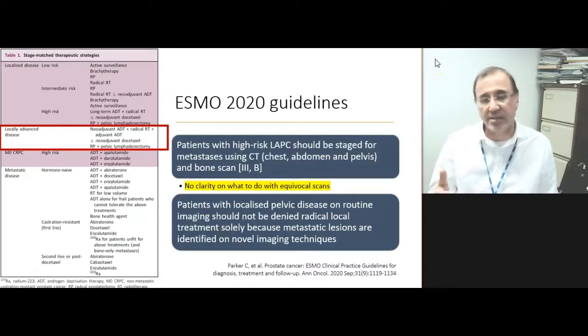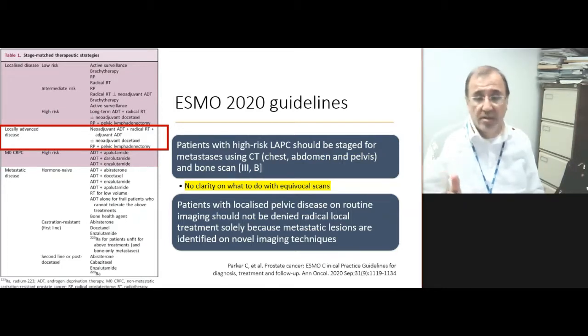So what do the guidelines say about the use of next-generation imaging for treatment planning of patients with locally advanced disease? First of all, it says make the decision on the basis of a bone scan and a CT scan. Okay, but you're not going to repeat bone scans and CT scans if you've already seen high volume disease on a next generation imaging technology.